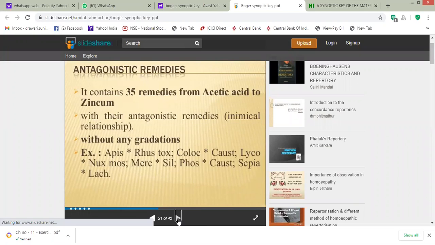Then antagonistic remedies. In the last lecture there was a question raised: what are antagonistic remedies and what are antidotal remedies?